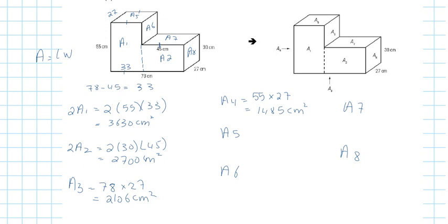A5. So A5 is the top here. So 27 by 33. And that would be, is it 891?